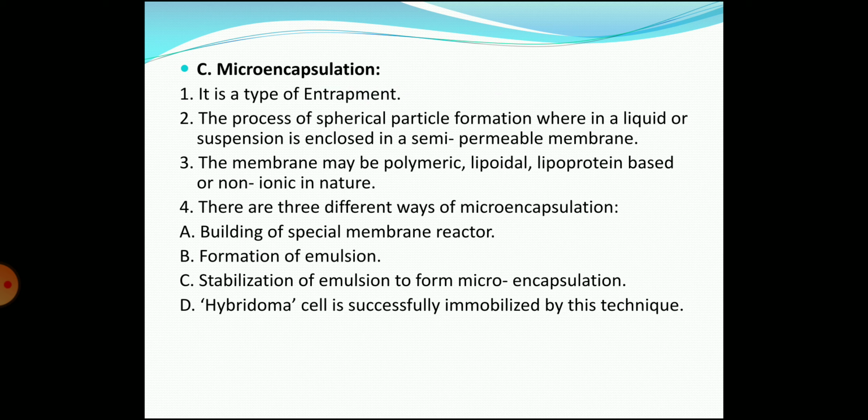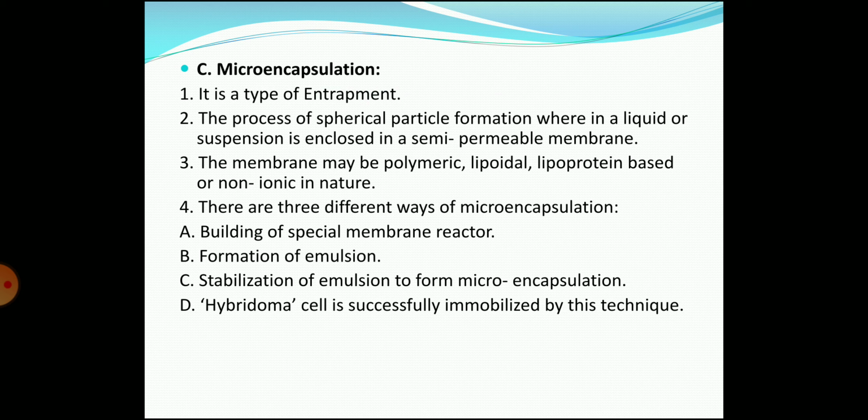See what is microencapsulation? It is a type of entrapment. It is the process of spherical particle formation where a liquid or suspension is enclosed in a semi-permeable membrane. Means here the particle is stored in liquid form within a semi-permeable membrane in a spherical format.